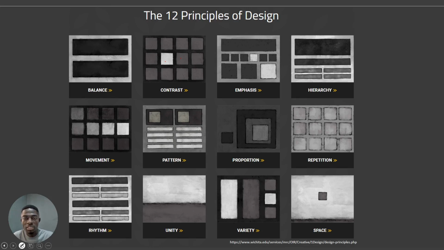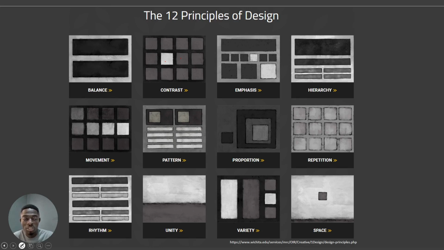Next we are looking at emphasis. By emphasis we want to emphasize some portions of the design, either by using the various tools, bold, or by changing the way the font looks. You can achieve that. There's hierarchy, the way you would arrange your design layout. Very important.